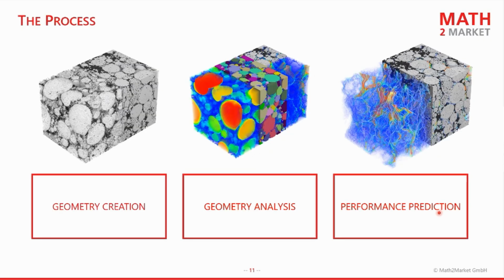So you can really get to know the key performance indicators. You can calculate effective conductivity and effective diffusivity to parameterize pseudo 2D Newman models, but you can also make a 3D resolved simulation of the charging with all the local information, lithium-ion concentrations and so on, of your electrode. And this we will see today in the webinar.